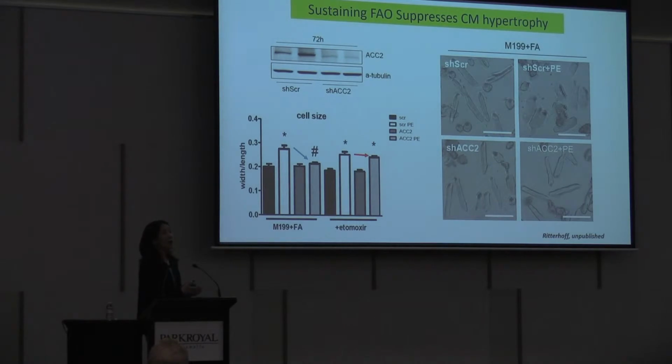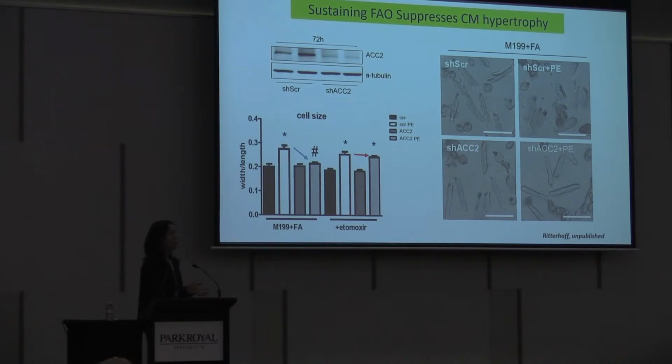In this model, when she stimulates hypertrophy and at the same time knocks down the enzyme ACC2, which promotes fatty acid oxidation, she sees the hypertrophy effect go away. ACC2 is an enzyme that makes an endogenous inhibitor of fatty acid oxidation.